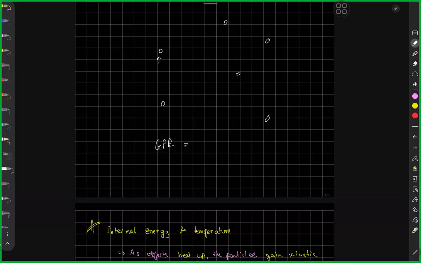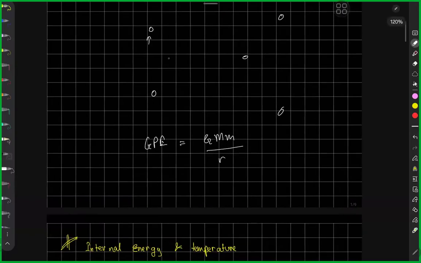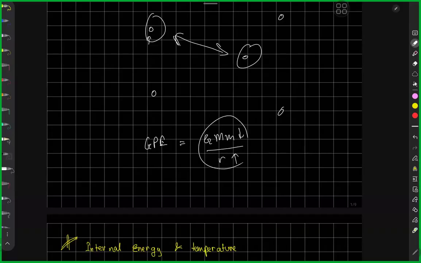Did you say the GPE of each particle is zero or of the system? Of each particle, you have to consider it to be zero, and of the system is zero as well as a result. So over here, what is the mass? If masses are really small and the separation is really large, what does this lead to?